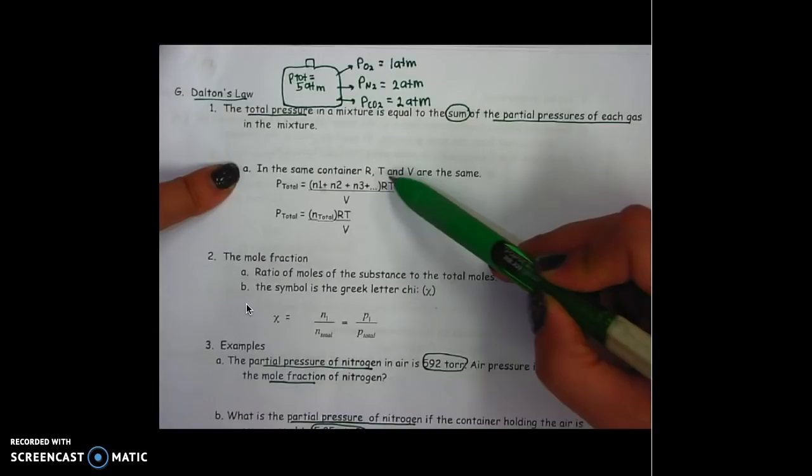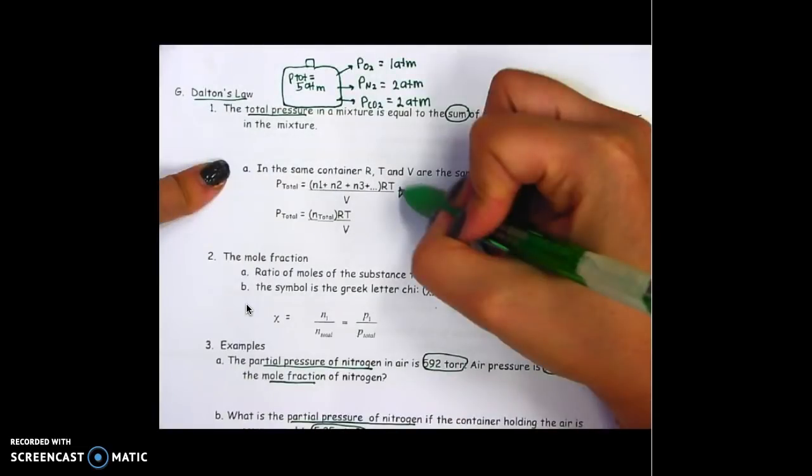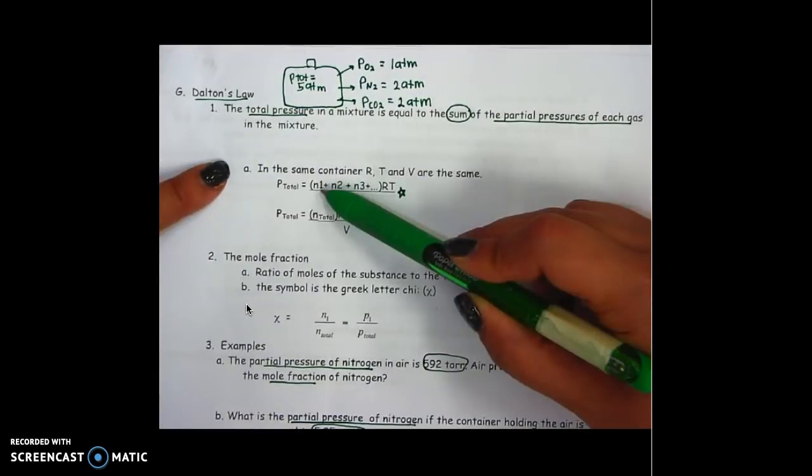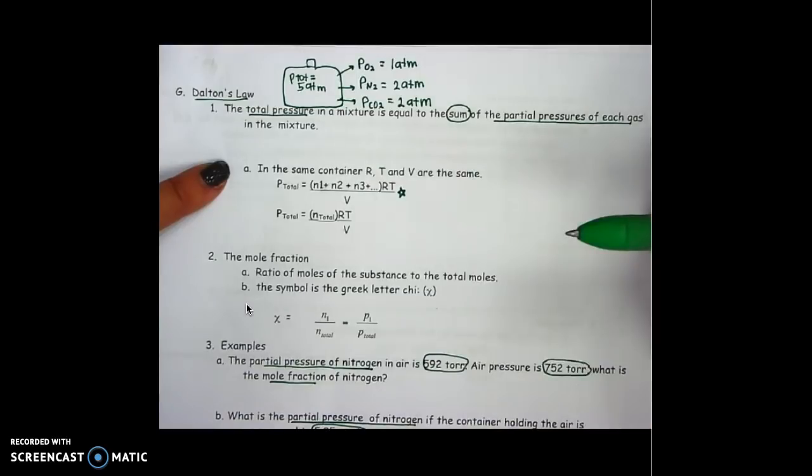And this thing you see right over here, P total is equal to n1 plus n2 plus n3. Remember, the n stands for the number of moles of gas, and the 1, 2, 3 could just stand for the individual gases themselves. For example, n1 could be the moles of oxygen gas, n2 could stand for the moles of nitrogen gas, or n3 could stand for the moles of CO2 gas.